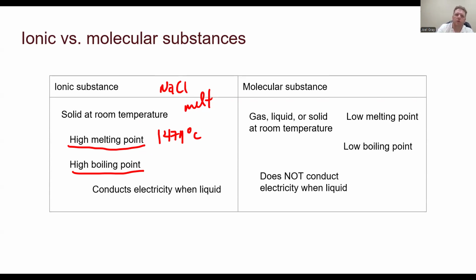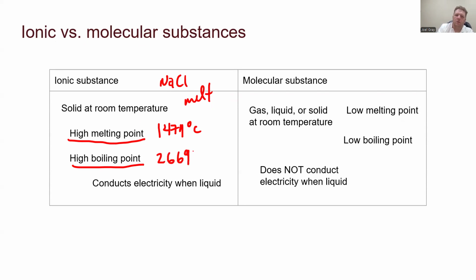The boiling point is 2,669 degrees Celsius. So NaCl, simple table salt, will melt if you heat it to about 1,474 degrees Celsius. And if you then boil it, or heat it to 2,669, then it's going to form a gas. So sodium chloride as an ionic compound is very strong. That's how much heat you have to put into it.